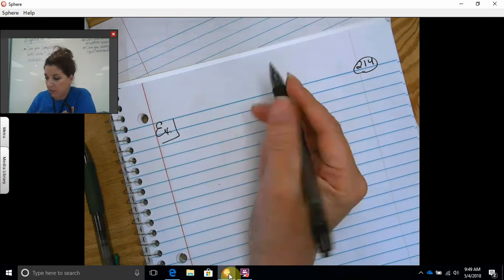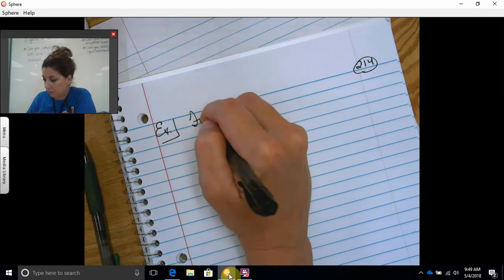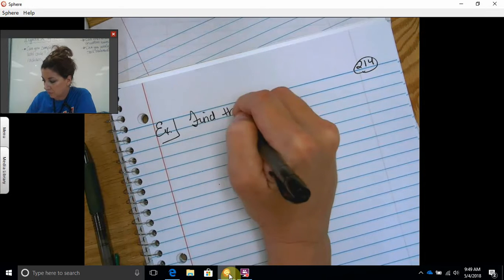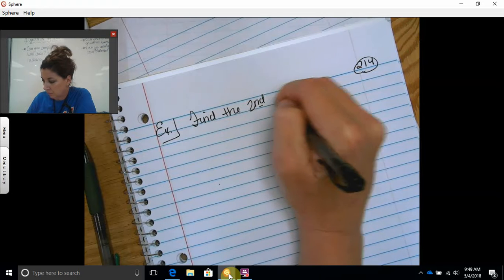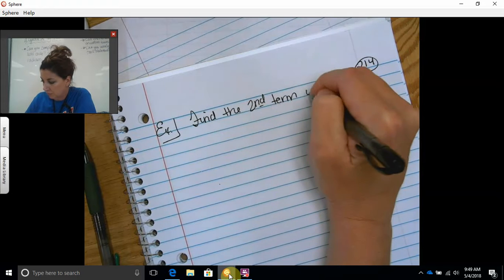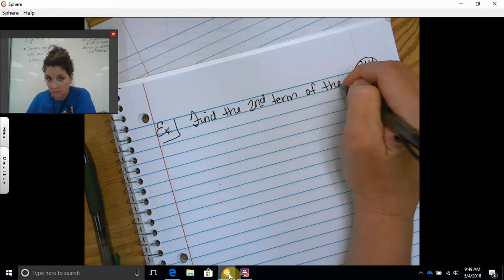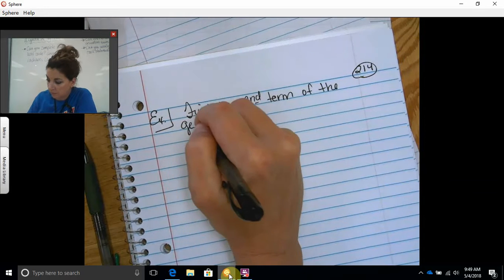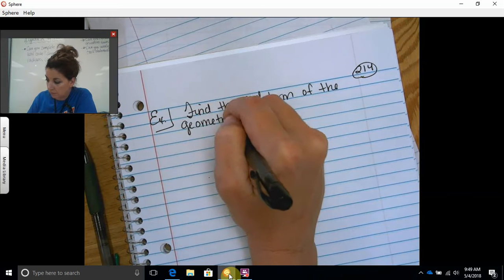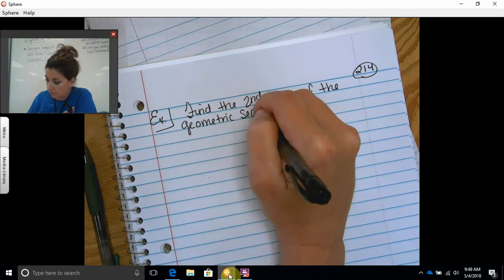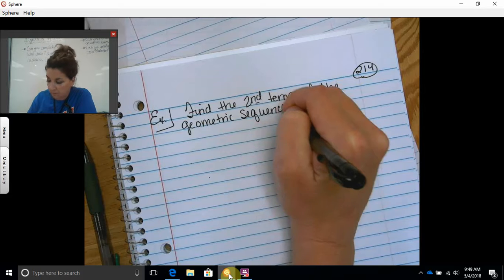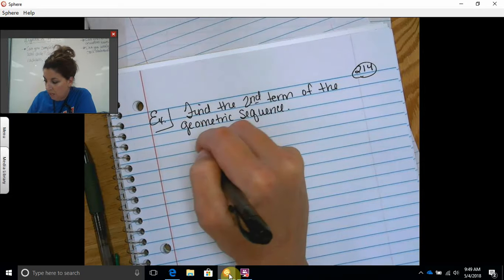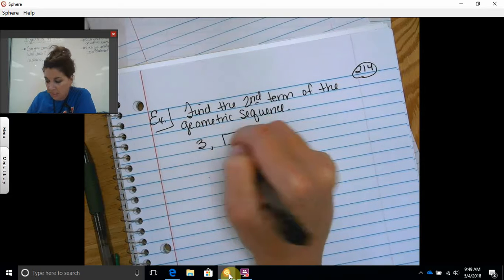Find the second term of the geometric sequence. Three, comma, open box, comma, 12.